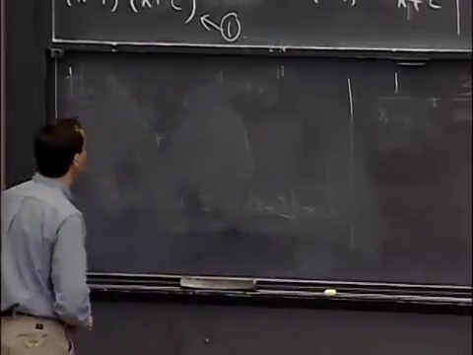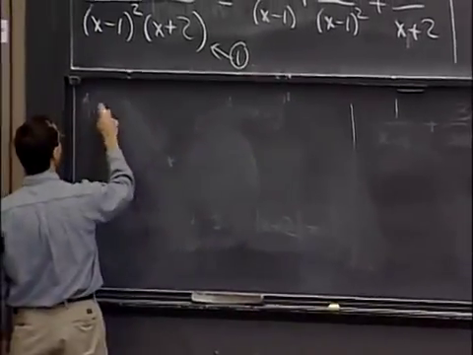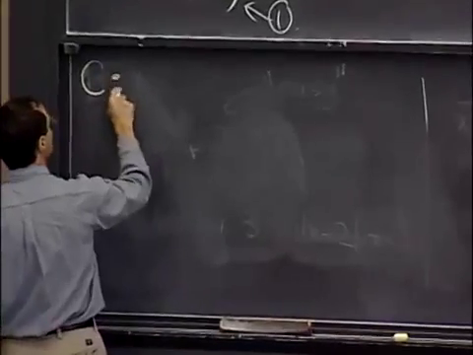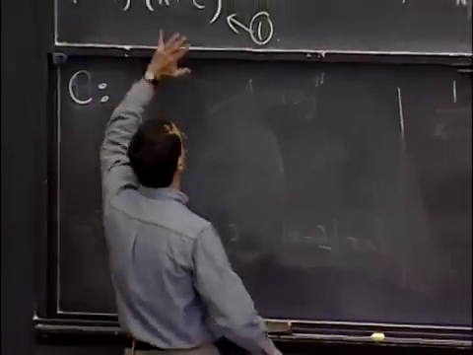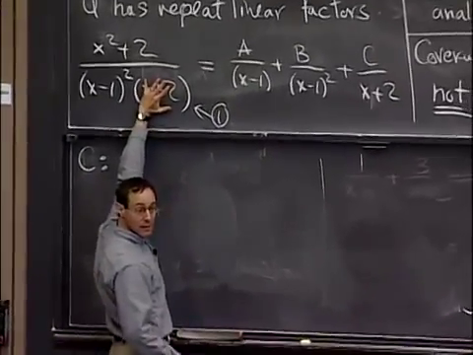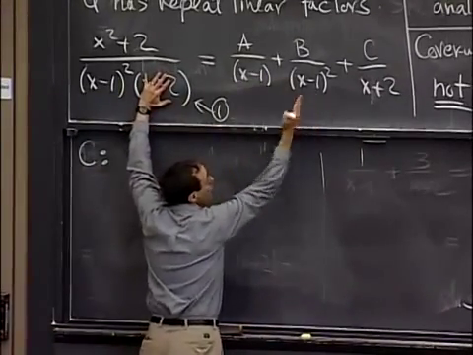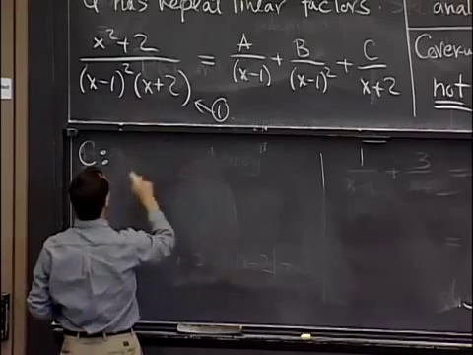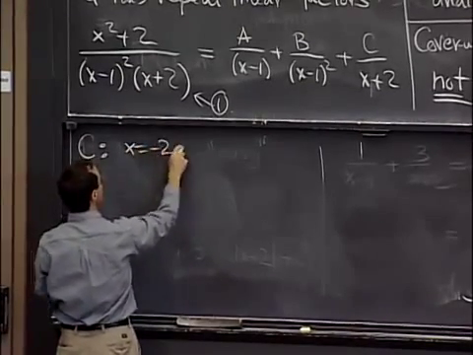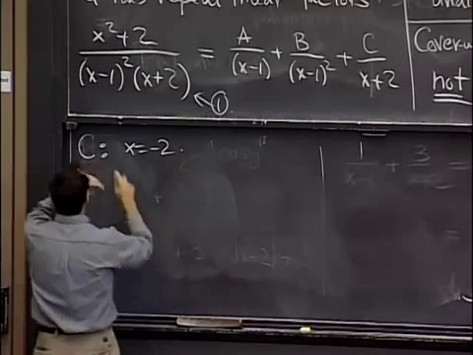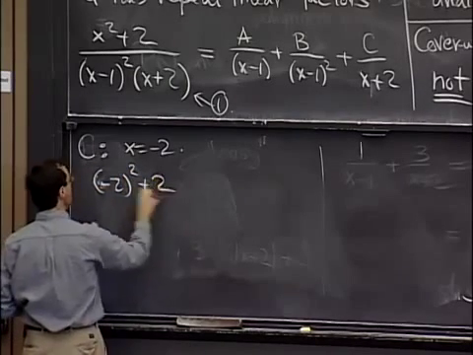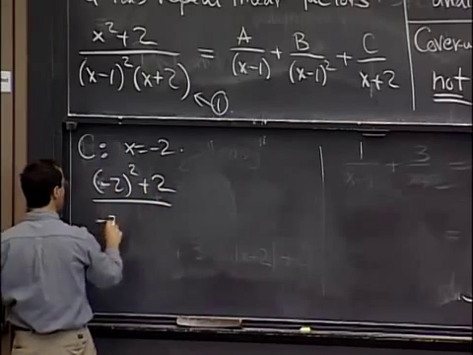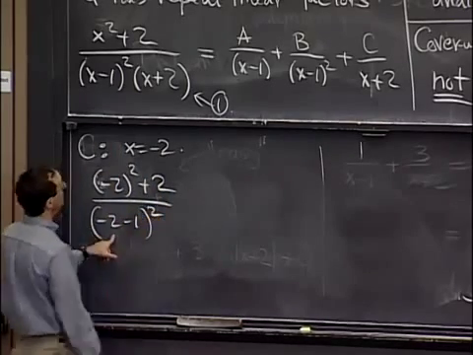First of all, I'm going to do the ordinary cover-up with c. So for c, I just want to do the same old thing that I did before. I cover up this, and that's going to get rid of all of the junk except for the c term. So I have to plug in x equals -2. And I get minus 2 squared plus 2 in the numerator, and I get minus 2 minus 1, the quantity squared, in the denominator.